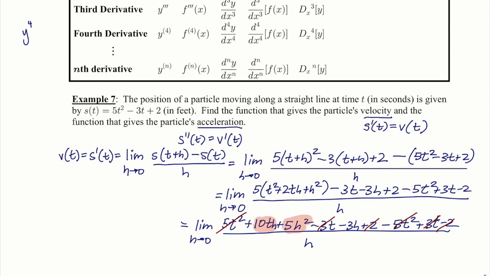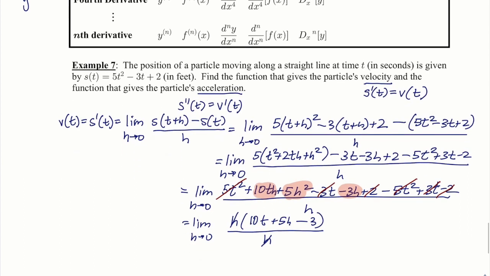So 10th plus 5h squared minus 3h, and those all have a factor of h, so I'll factor that out. And then I'll reduce my h over h, and then I'm at a spot where I can do a direct substitution. And so I have 10t plus 0 minus 3, or simply 10t minus 3.